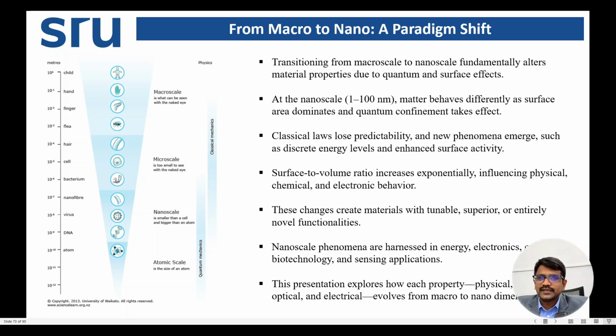But when it comes to nano size, the energy levels are quantized. We can also say that they are discrete energy levels. So that's what we are mentioning here: discrete energy levels and enhanced surface activity.